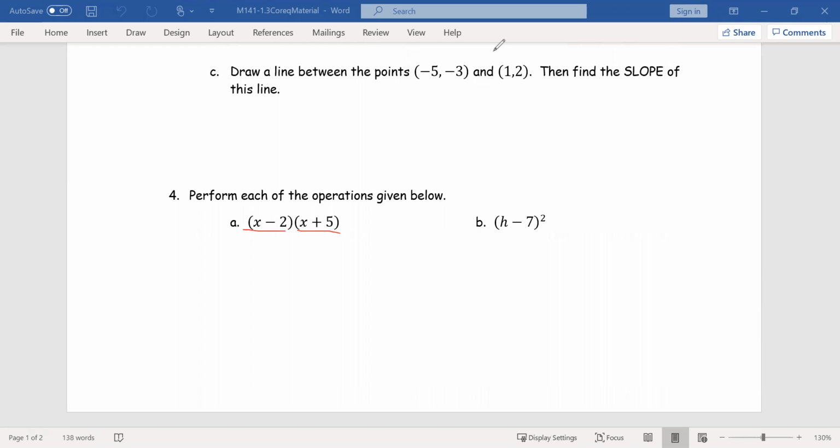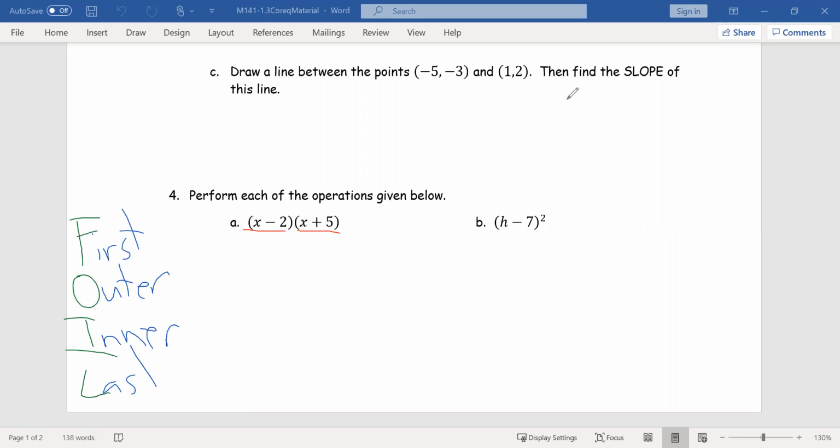To multiply these, we have to use a technique that you may have seen before called FOIL. FOIL is an acronym that stands for first, outer, inner, and last. Let me show how that relates to what we're doing here.